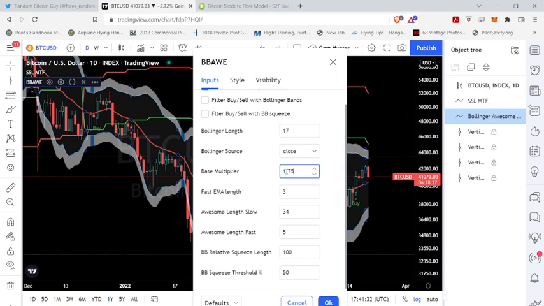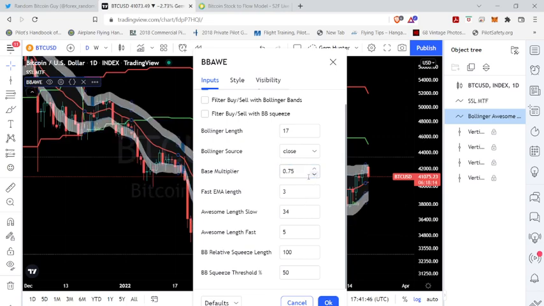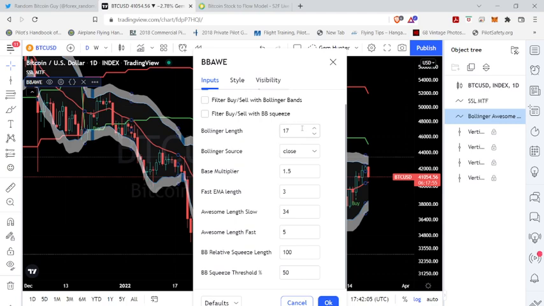I like 1.75, but this is just to squeeze the Bollinger Band so that they're a little bit more reactive, and the candles are going to go a little bit more outside of the Bollinger Bands. I keep mine on 1.75, but I'm going to put it on 1.5 just to give you a clearer picture. And I want to get rid of those buy and sell fills. So we got to go from there. Yeah, that's it for that.